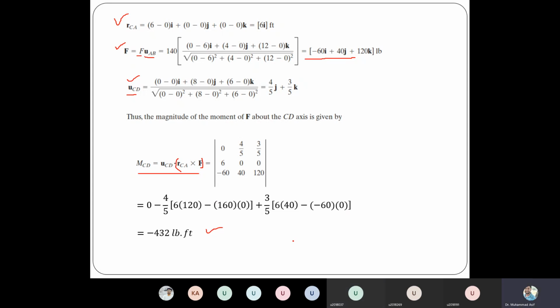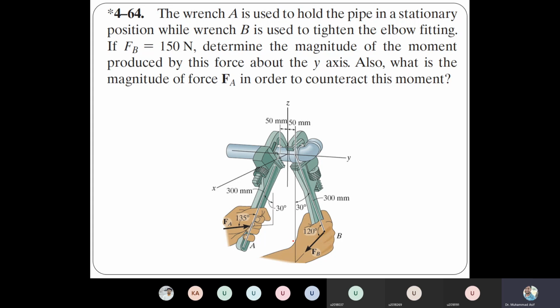Yes, sir. Right. What about this one? Again, this is related to calculating the moment about a certain axis. So we have two wrenches, and let's say you want to tighten a pipe, this joint.